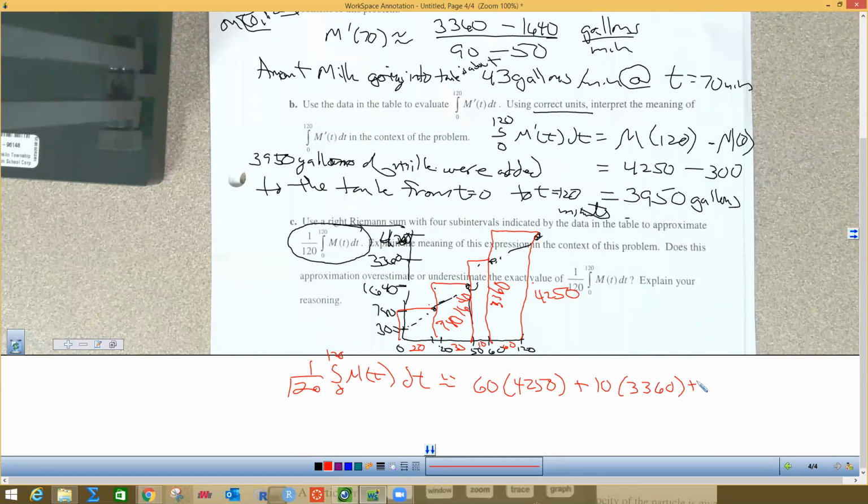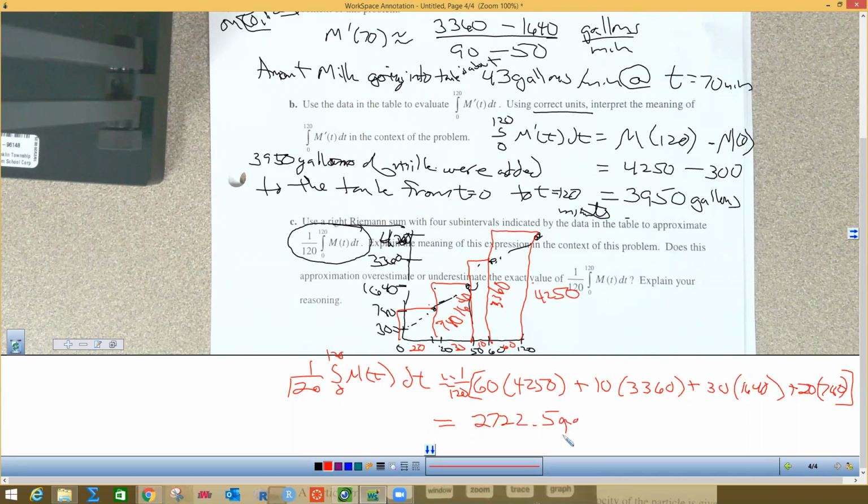Plus the next one is 30 times that height, 1640. And then the last one is 20 times 780. Okay, and we got this whole thing times 1 over 120, if we keep that in the front. Okay, that's good enough for the answer, or you could calculate it out.